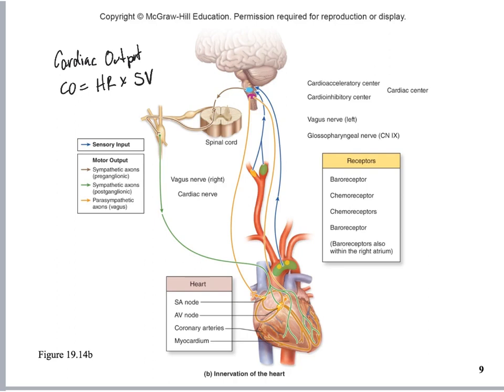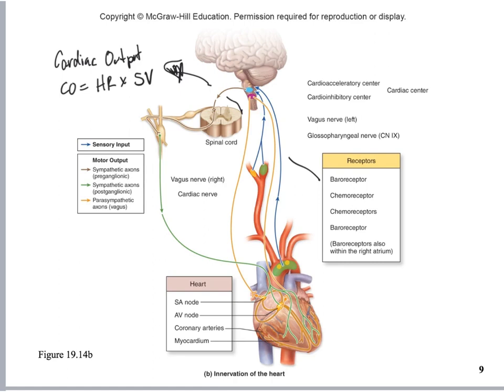Okay? And then the baroreceptors and the chemoreceptors, they help to influence cardiac output and help keep it at a normal or homeostatic set point. Okay? By influencing how fast or how slow your heart rate is and how strong your heart contraction is.